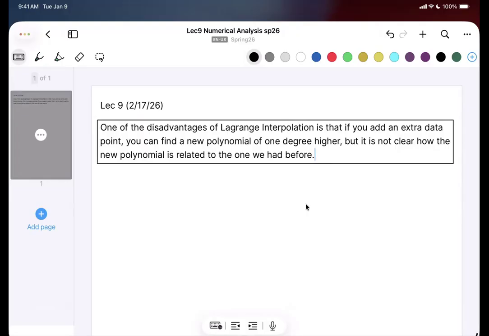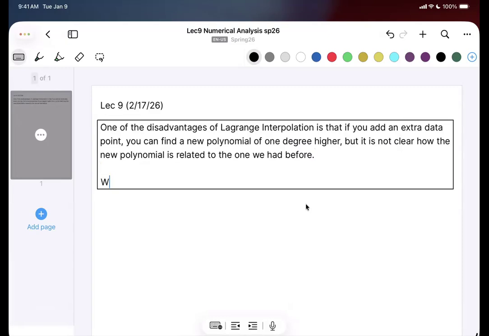So you would want something that feels a little bit more recursive, where if you have 9 points, you find a polynomial, and if you have 10 points, the new polynomial is basically the previous one plus something else. So that you can build up on what you had before.